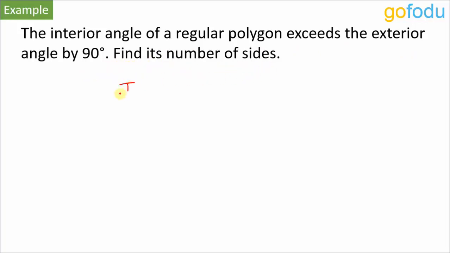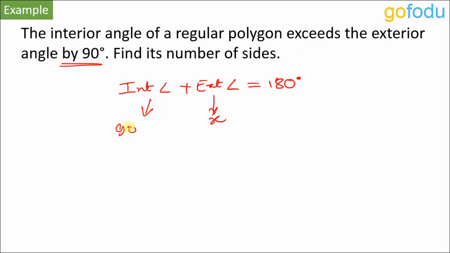Now this we know, that the interior angle plus exterior angle of any polygon will give us a sum of 180 degrees. Now if the exterior angle is x, the interior angle exceeds the exterior angle by 90 degrees. The interior angle will be 90 plus x. Okay.